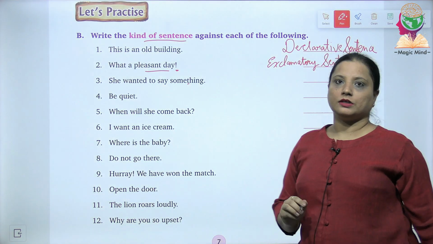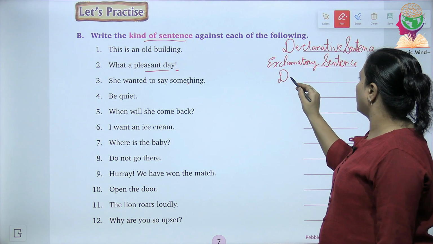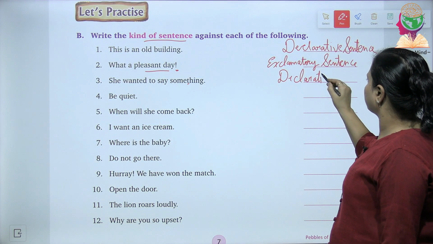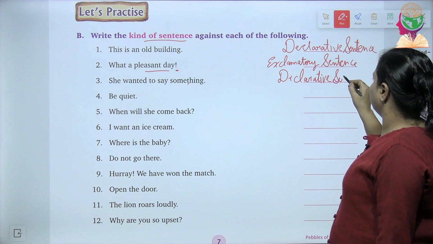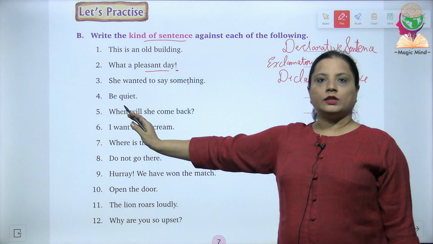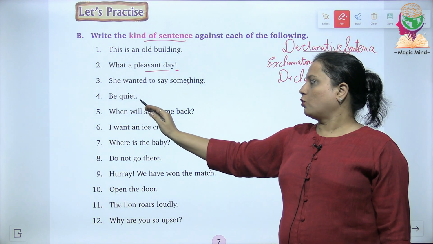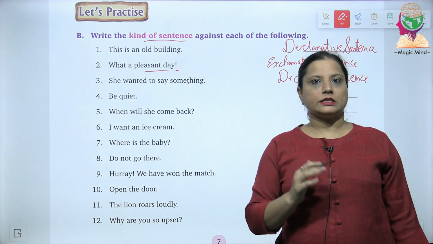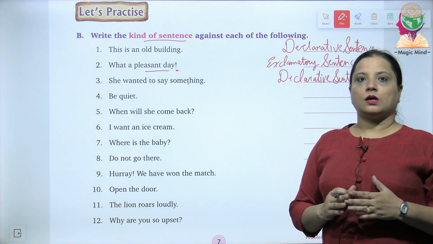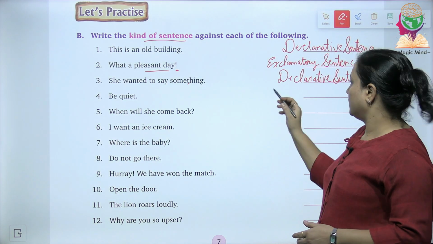Again, it's a declaration, hence we will write over here declarative sentence. Then the fourth one is, be quiet. Now again in this sentence a command has been given, so it is an imperative sentence.